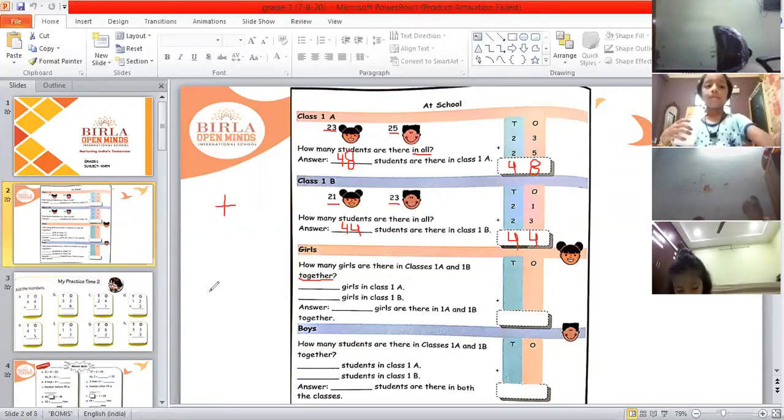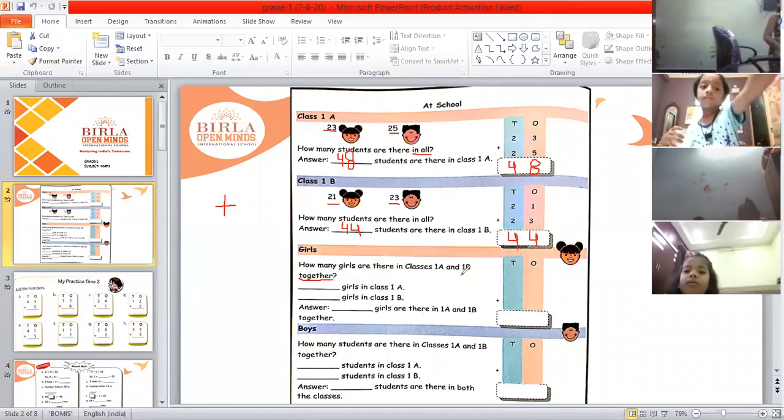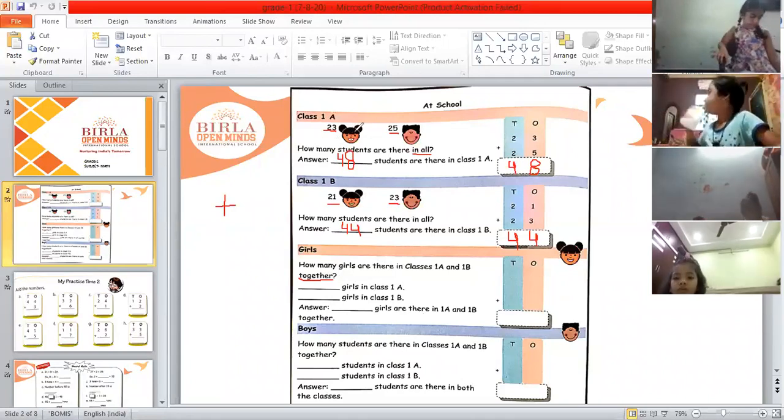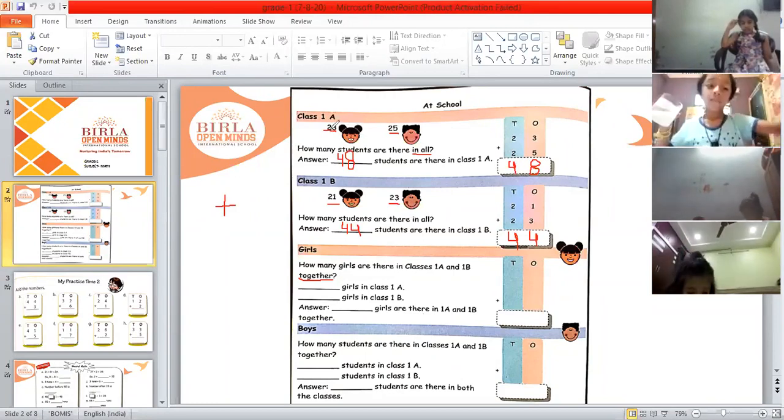You can see girls' pictures there. Now see how many girls are there in first A class, children?